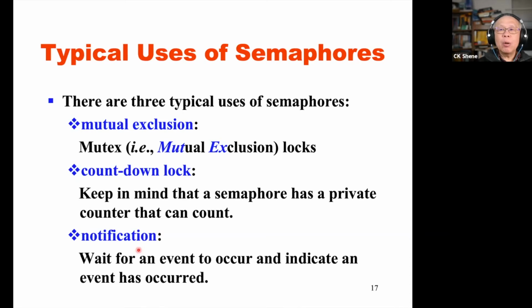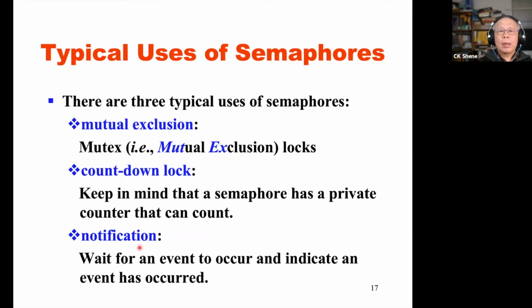We do not want to exit so that the creator could continue. In many cases, we need to communicate with each other. I ask you to do something before you can deliver the results. I have to wait until you get it done. Then, once I get your results, I continue. So this is referred to as notification.